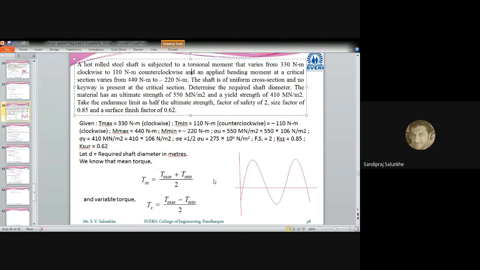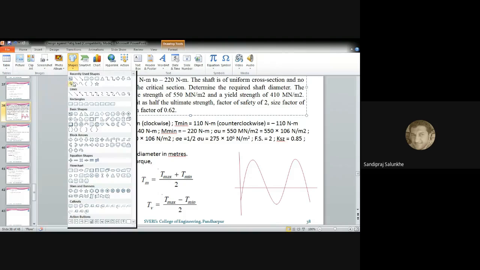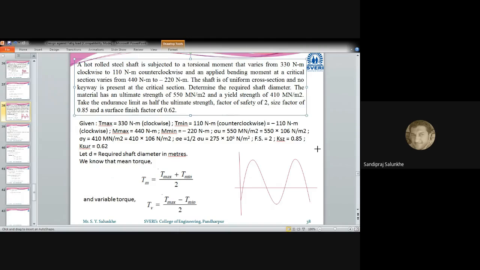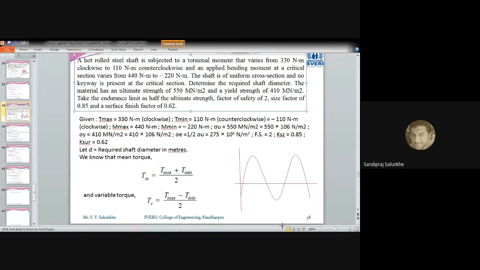Otherwise, in the problem it has been stated that the shaft is of uniform cross section. That's why everywhere you consider that shaft, that area or cross section area can be taken for the calculation. Okay, this type of shaft it is.